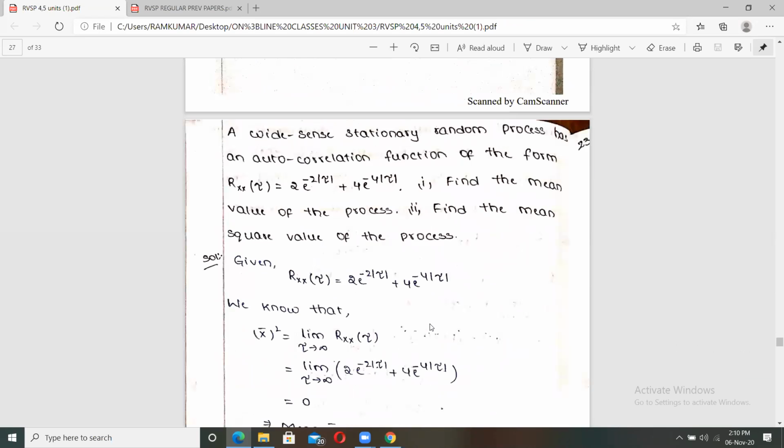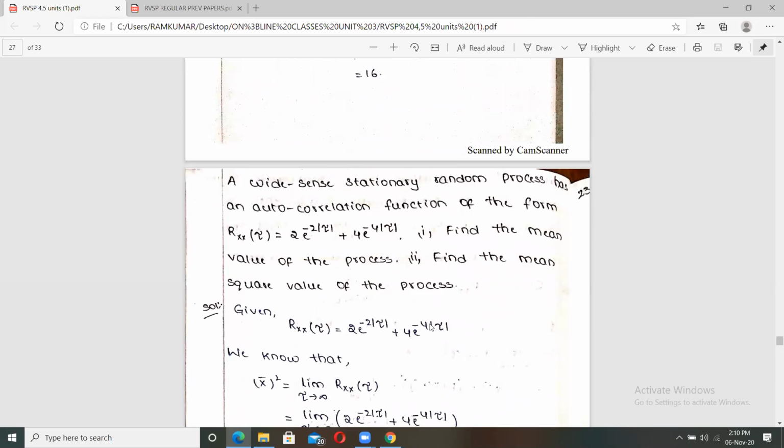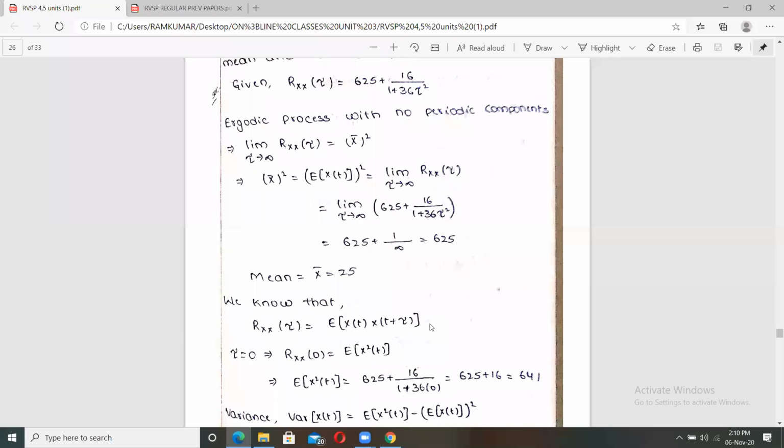I shared the material for the 4th and 5th units. Please practice the problems related to the autocorrelation function of this model. Any doubts?